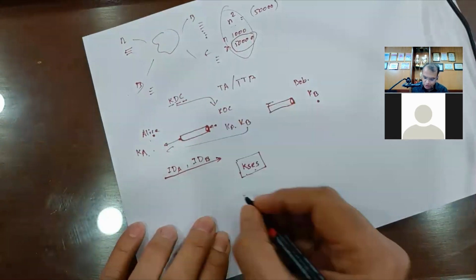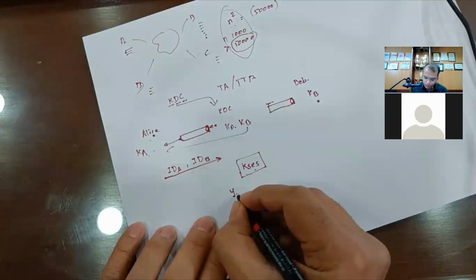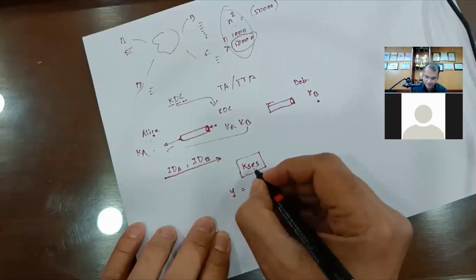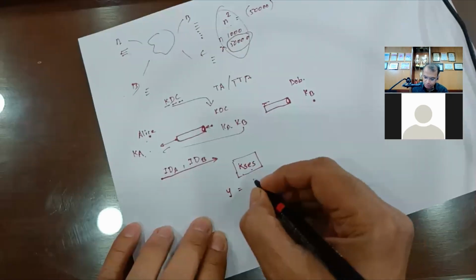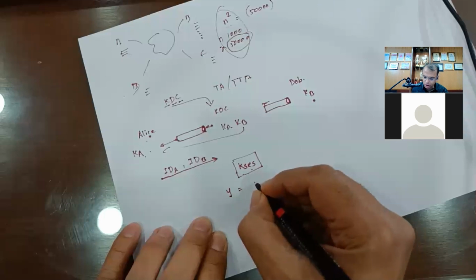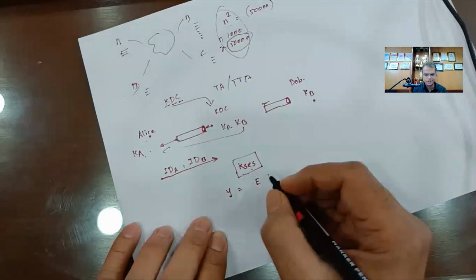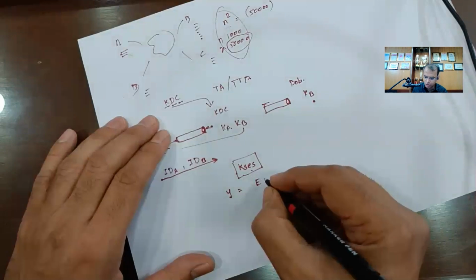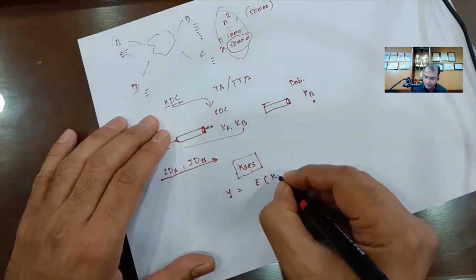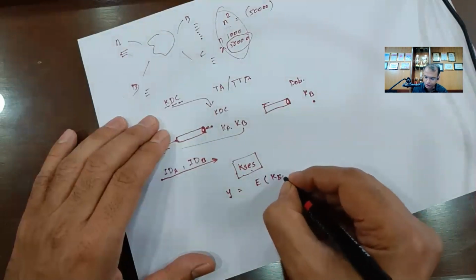What KDC will do, it will encrypt this K session key. It will use some algorithm, AES, DES, any algorithm, and it will do the encryption on K session key.